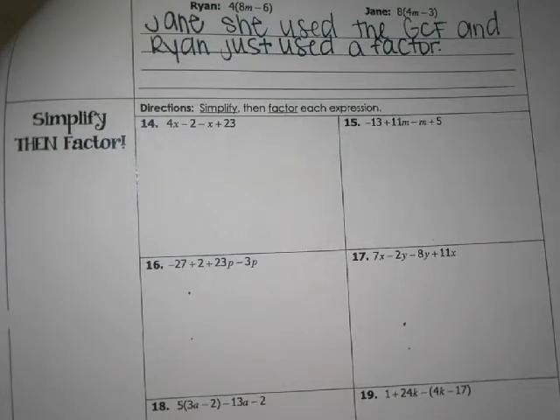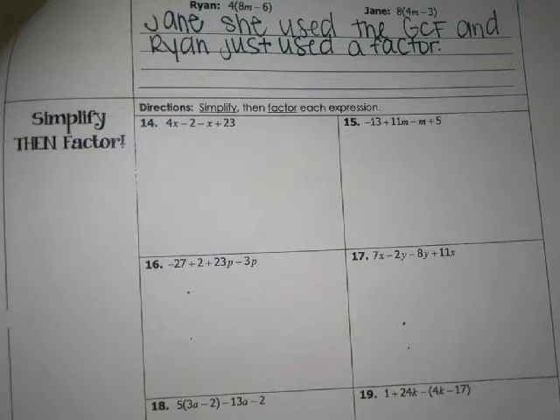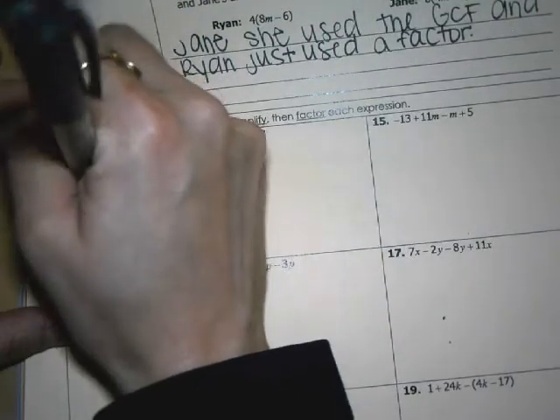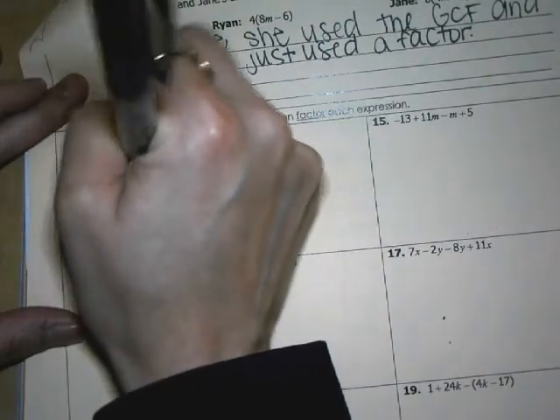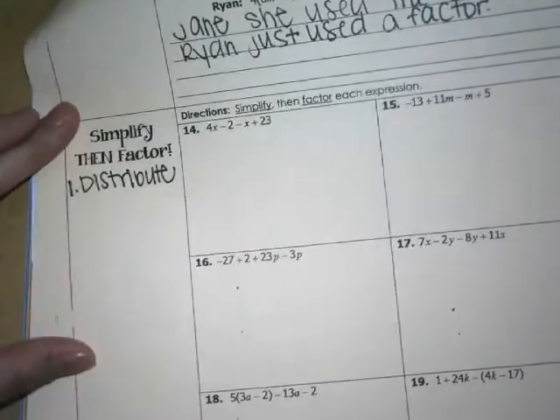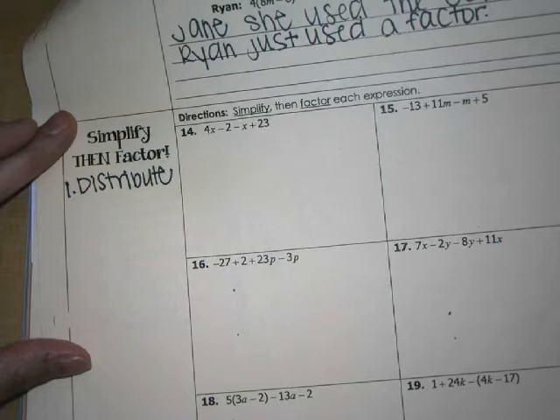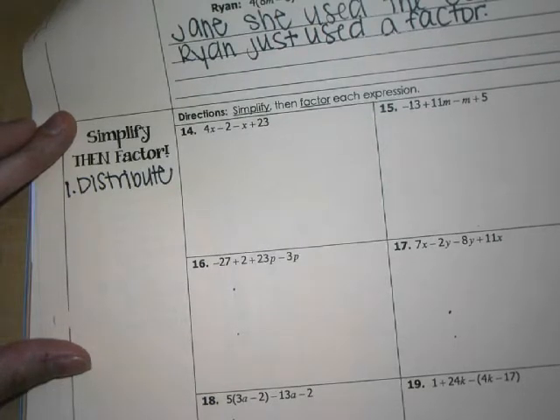So if we look at question 14 through 21, what do the directions state? Now when we simplified, what was our first step with simplifying expressions? Distribute. So step 1 is to distribute. If there are no parentheses, guys, do you have to distribute?